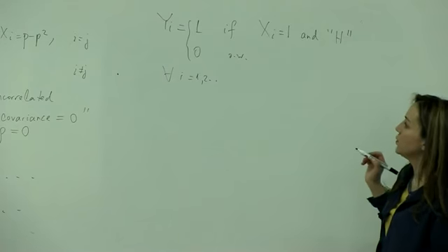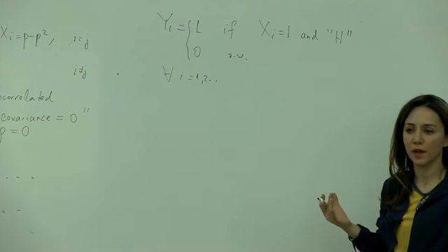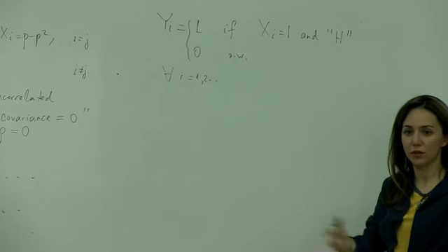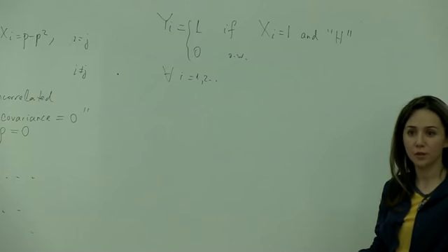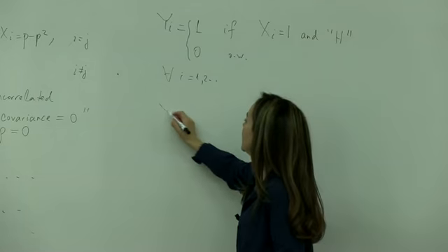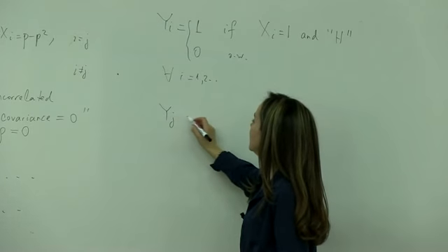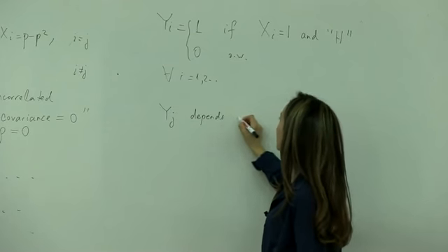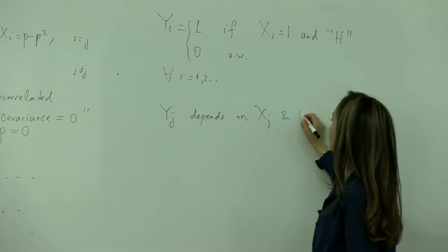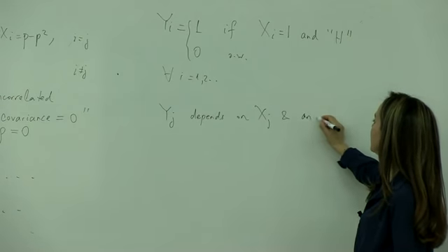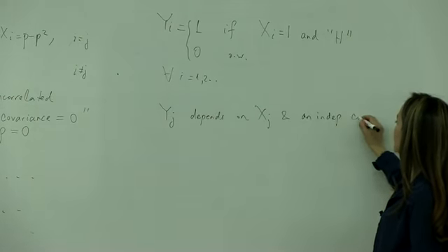So this implies that yi and yj for different i and j are independent, clearly, because yi is a function of xi and an independent coin toss, and yj similarly depends on xj and an independent coin toss.